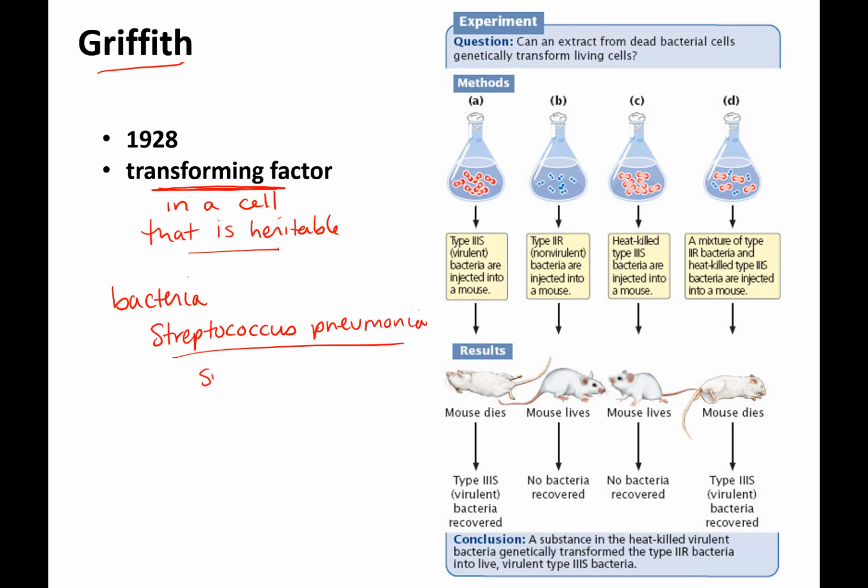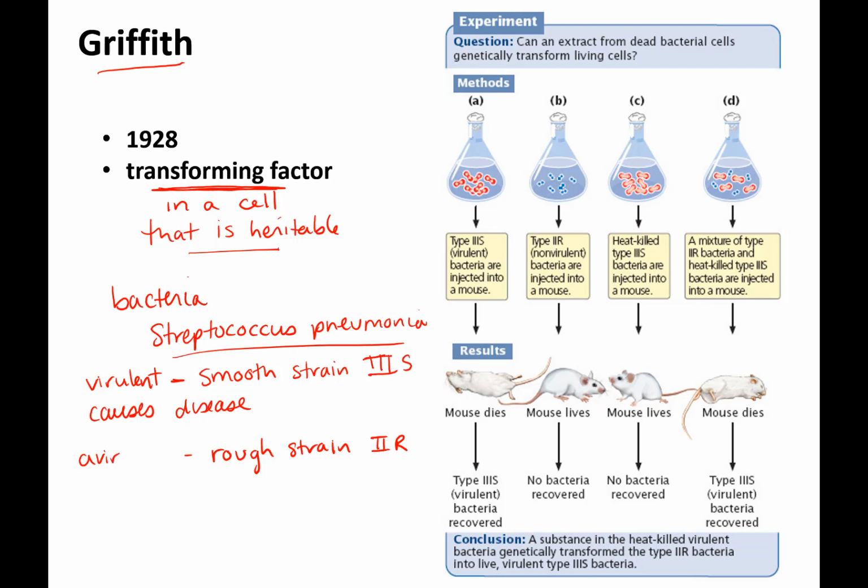He had a smooth strain, which he called type 3S for smooth, and this was a virulent strain, which means it causes disease. And he had a second strain, which was called a rough strain, or 2R, and this was avirulent, which means did not cause disease.